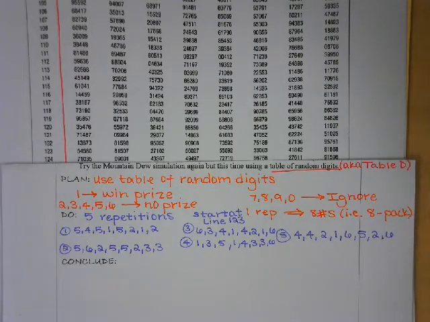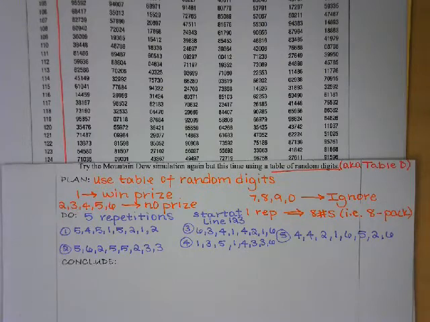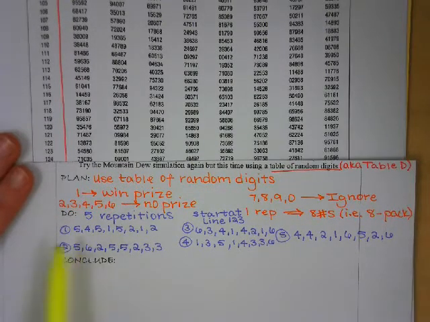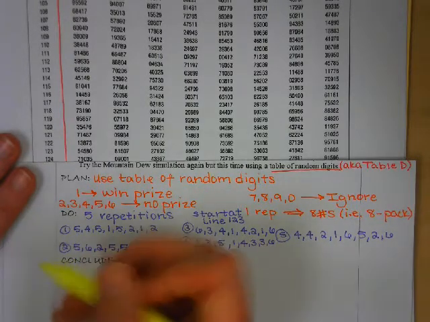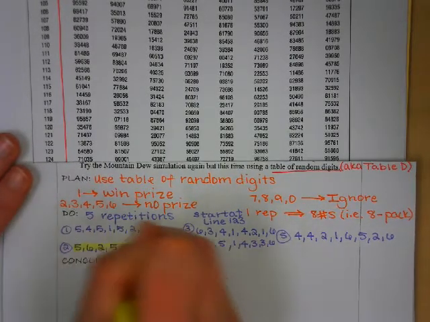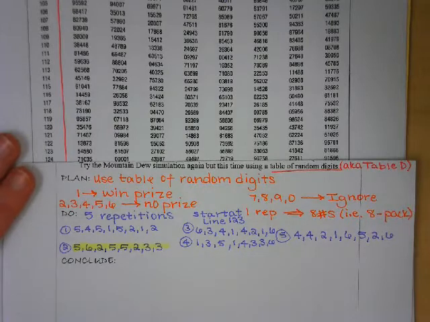So when I make my conclusion this time, again, I want to make sure I say that it's based on my simulation, because for this simulation, the first 8-pack had 2 winners. The second 8-pack didn't have a winner at all. My third 8-pack had 2 winners.